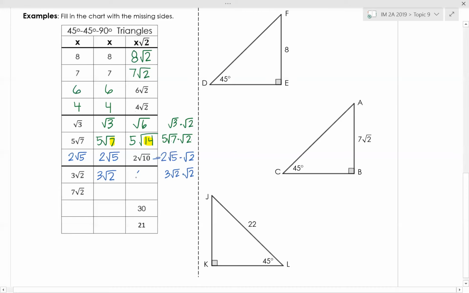So this is actually just going to be the number 6. Okay, so notice that I had a radical 2 in the x, and that turned out that I didn't have a radical left in my hypotenuse. So if I have 7 radical 2 for x, then 7 radical 2 times radical 2 is going to give us 7 times 2, which is 14.